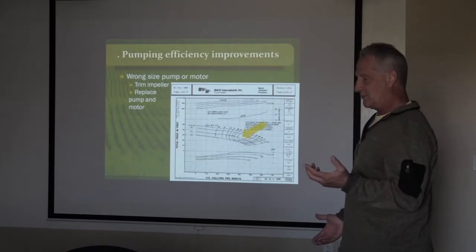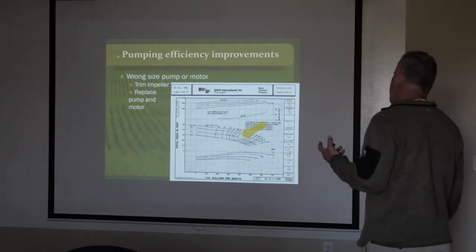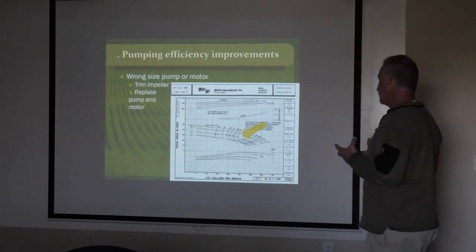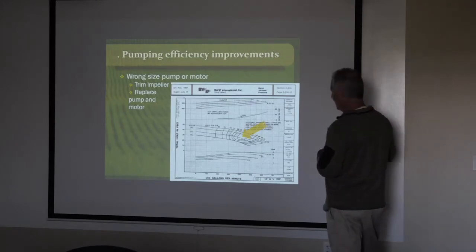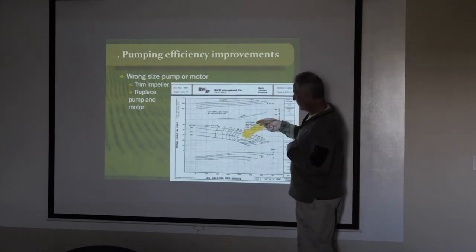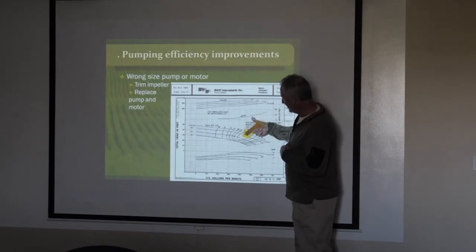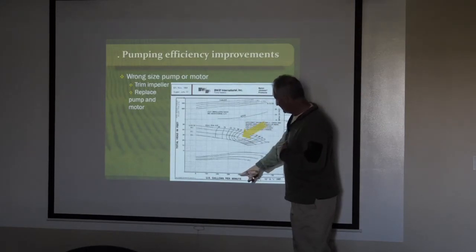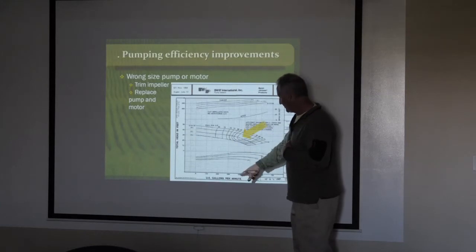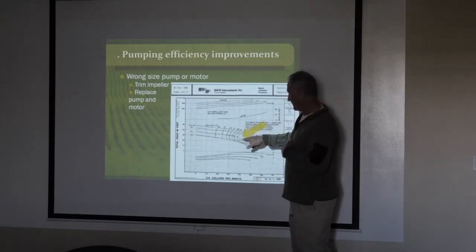Wrong size of pump or motor. Sometimes if you make the impeller smaller, you can maintain the efficiency. So here's the best efficiency. You can make the pump smaller as long as you're satisfying the flow rate and pressure that you need.